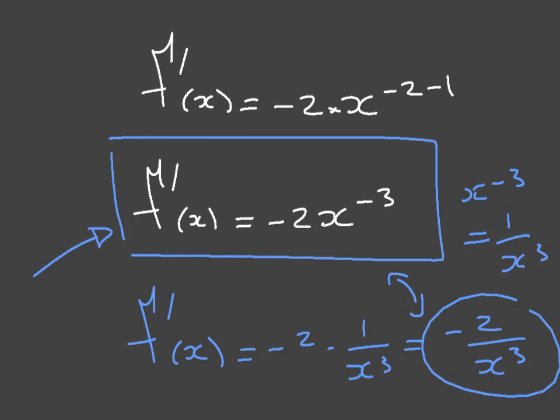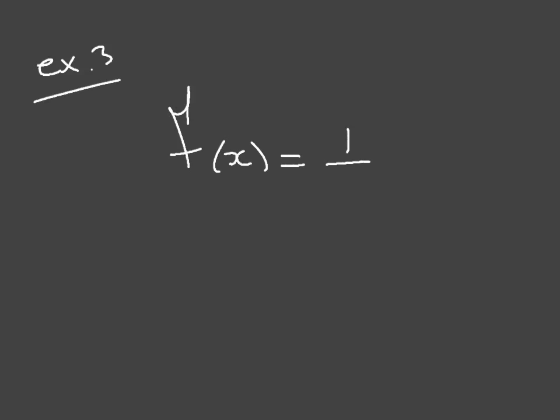Now let's look at a couple more examples. Let's say we're given, and this would be example 3, f of x is equal to 1 over x. Well, in this case, we can use what we just learned and say that this is the same thing as writing f of x is equal to x to the power of negative 1.